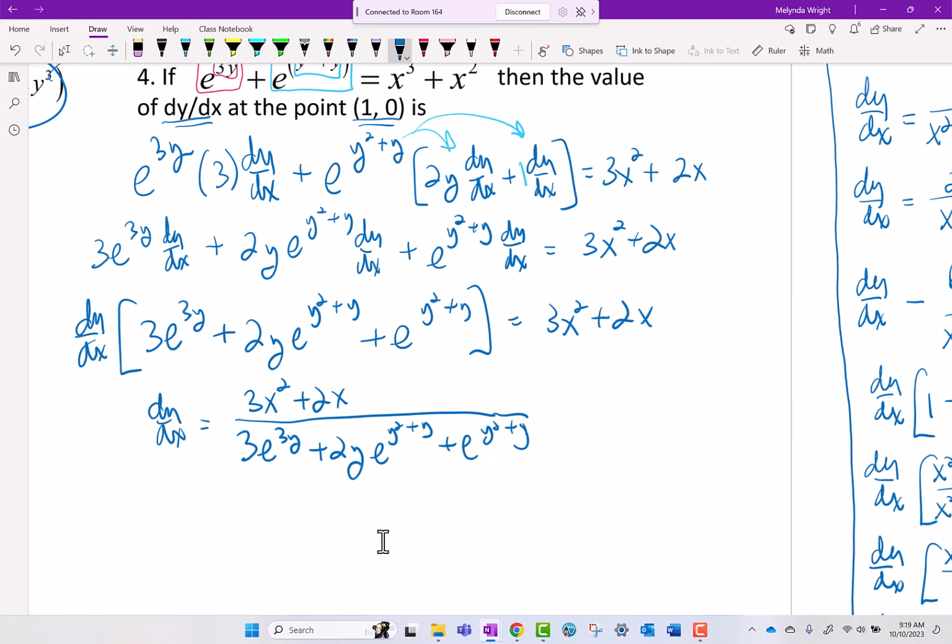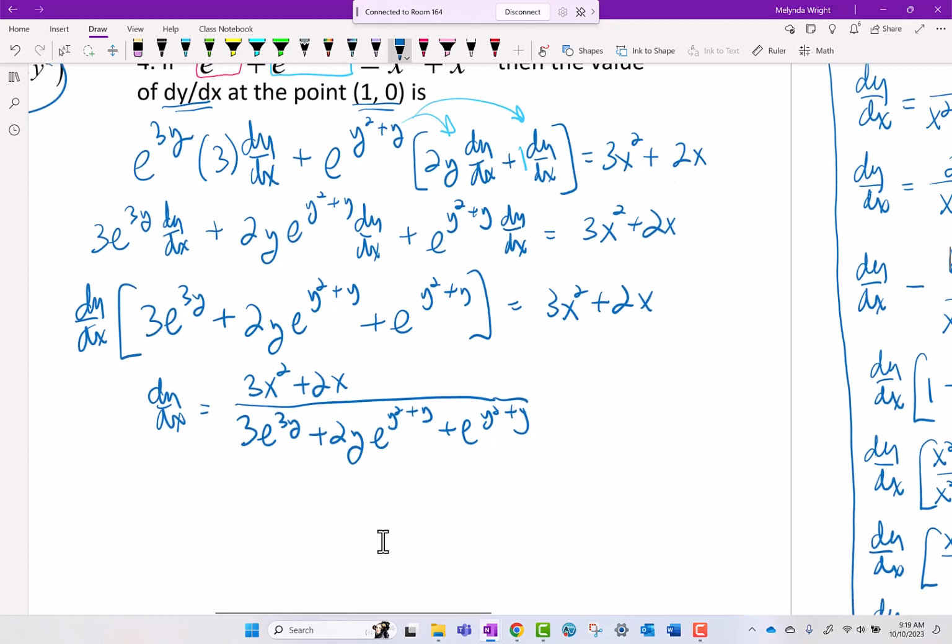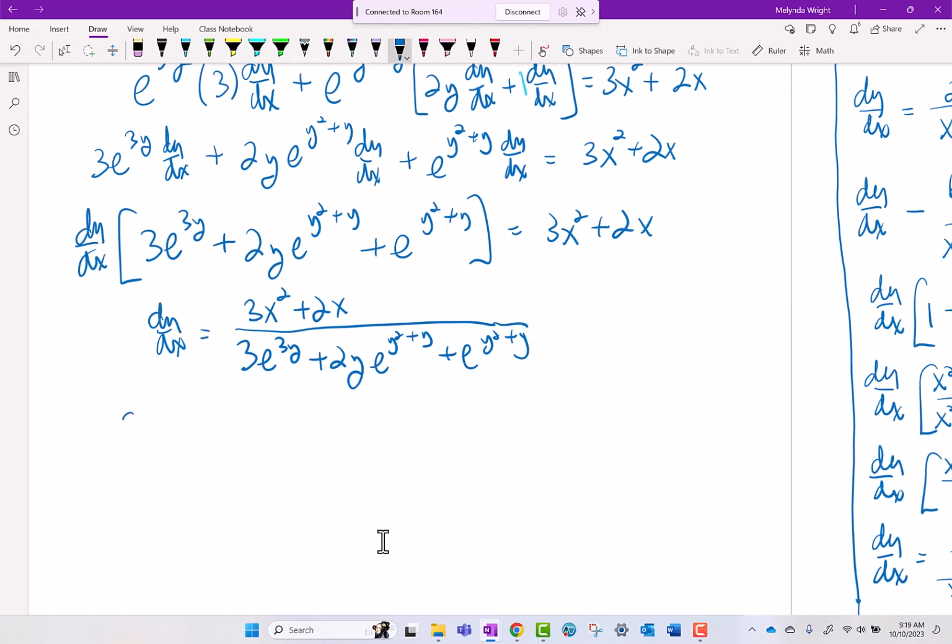Now our job is to evaluate it at (1, 0). So what I would recommend is that you write dy/dx at (1, 0). That's the normal, typical way that you would show that you're evaluating the derivative at a point. You put dy/dx, you put that long little slash and write the point coordinates down there at the bottom.